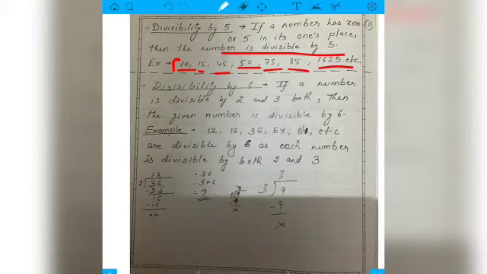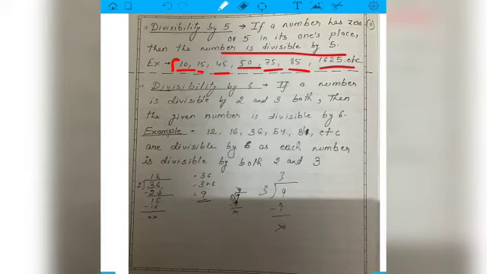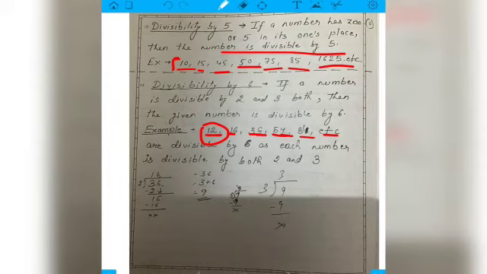Let's take an example: 12, 16, 36, 54, 84, etc. You will see that these numbers have even digits in the unit place, so they are divisible by 2. For 12, when you add the digits 1 plus 2, we get 3, so it is divisible by 3 because the sum of the digits is 3. But 16 will not be divisible by 3. It is divisible by 2 but not by 3. Why?